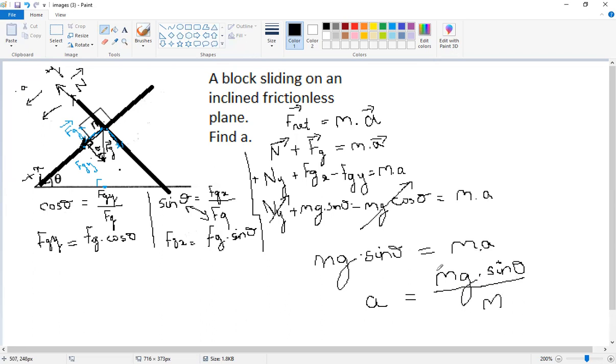The mass cancels out with the mass in the denominator, and we are left with A equal to g sine theta. If you have values, g is 10 meters per second squared. And theta depends on the problem, but here we don't have values, so we can stop here.